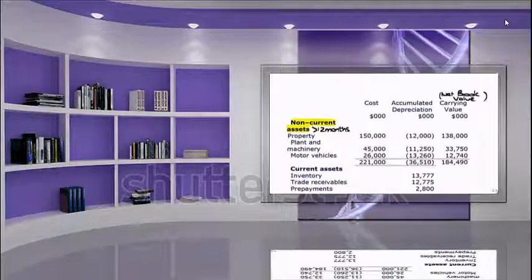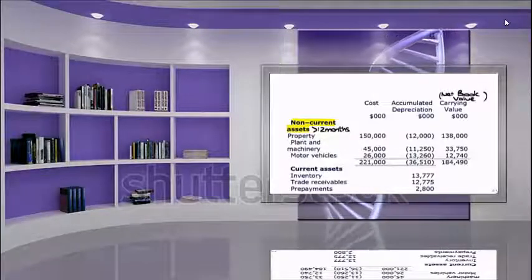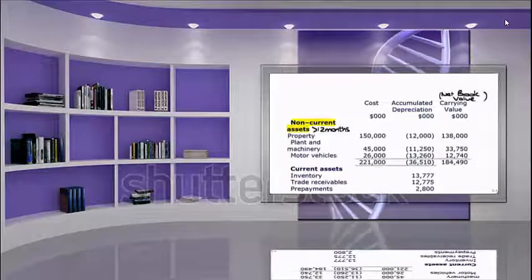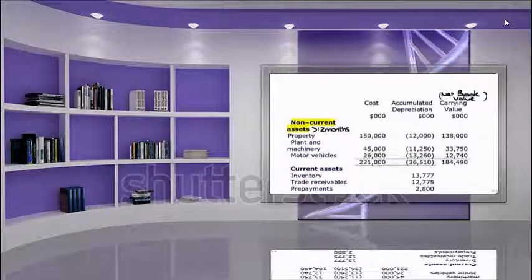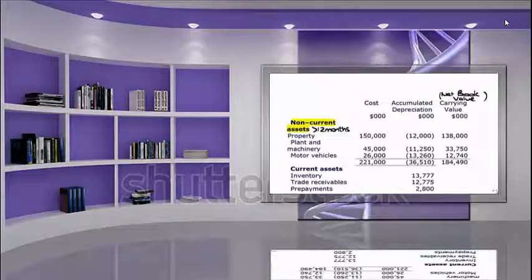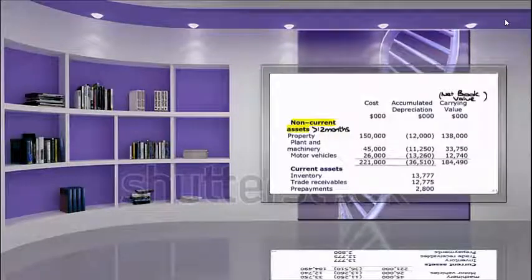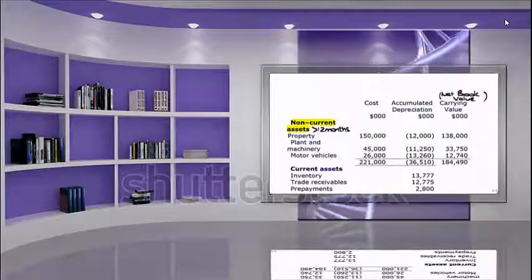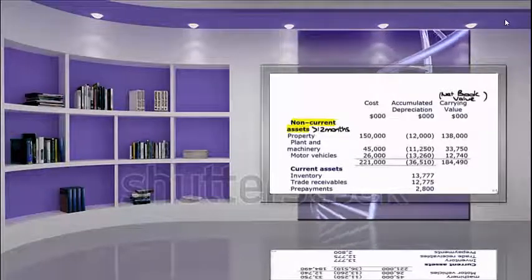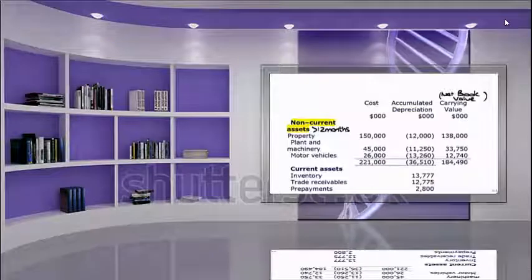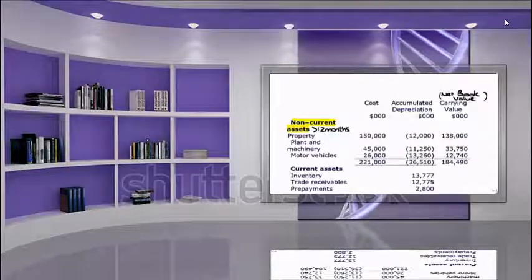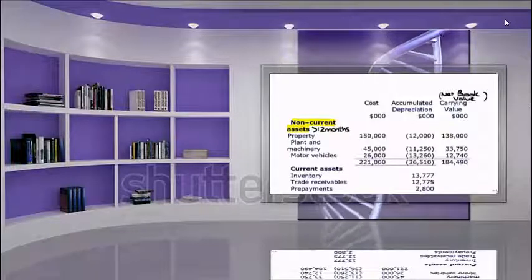Now, as time passes, the value of that building may depreciate. Now, depreciation is just an accounting estimate as a means of spreading the cost of the asset over its useful life. So maybe we think we might keep that building for 50 years. And we may have had that building in use for several years already. As time passes, that asset may go down in value and depreciate.